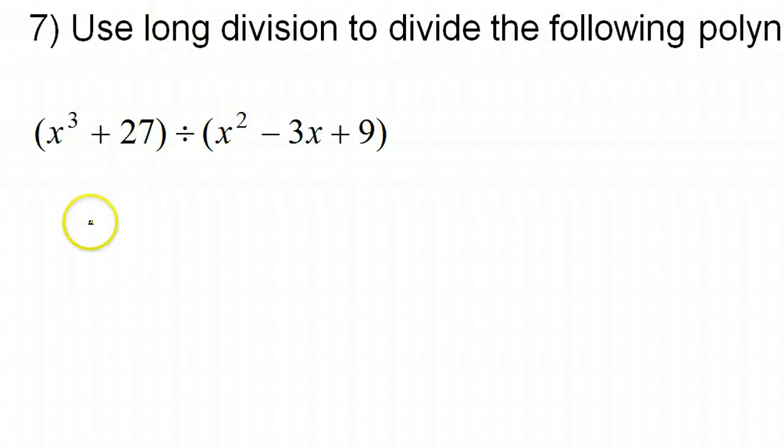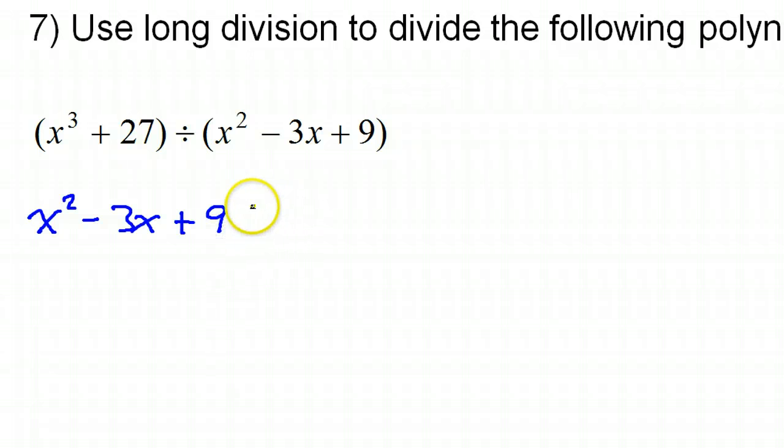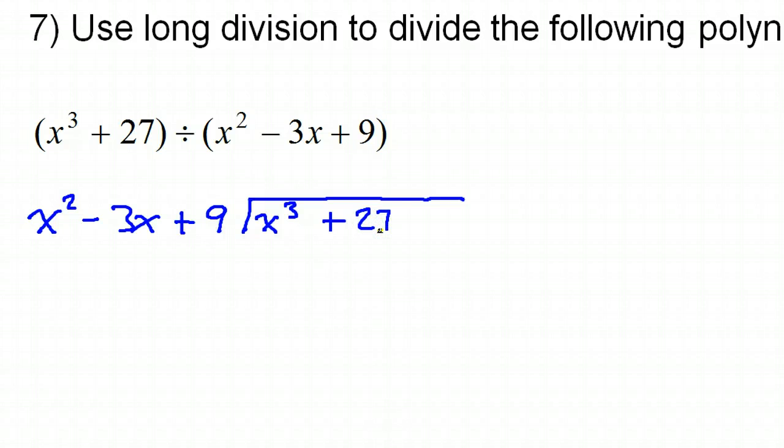So the trinomial needs to go in the front. So I need to have my x squared minus 3x plus 9 in the front. And this is going to be divided by x to the third power plus 27.